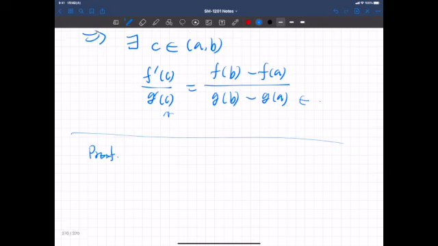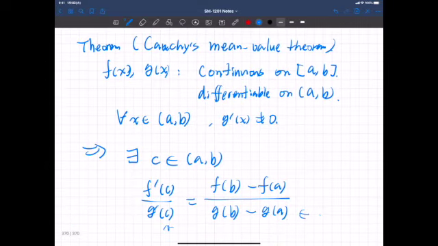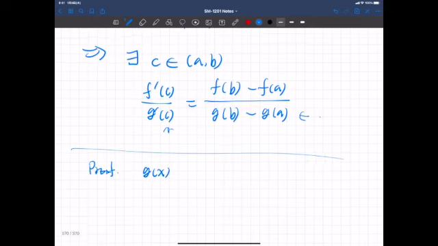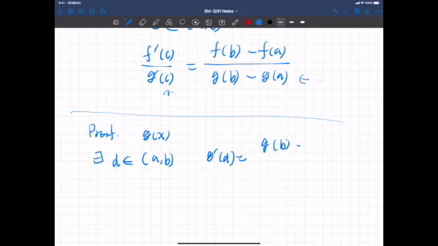First of all, this function g of x, by itself, satisfies the condition of the mean value theorem. So it is continuous on this closed interval and differentiable on this open interval. So there exists some value d in the open interval such that g prime of d is equal to g of b minus g of a over b minus a.